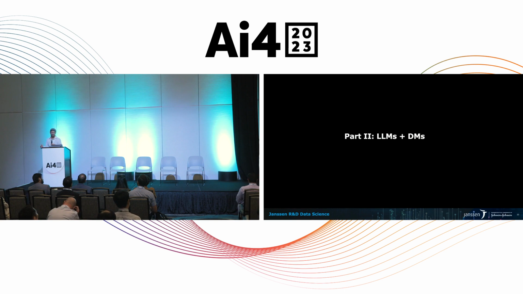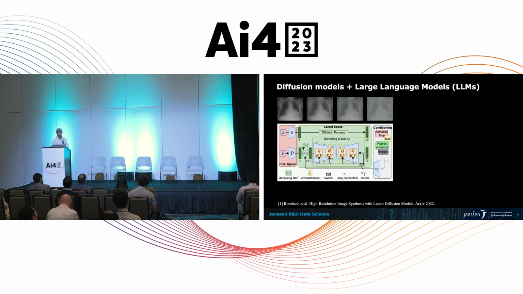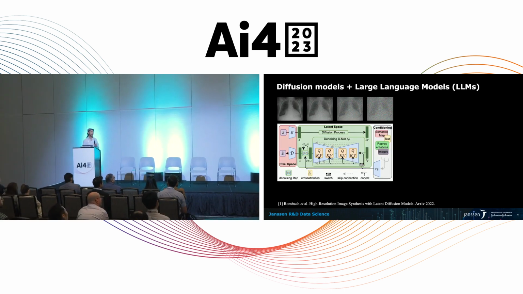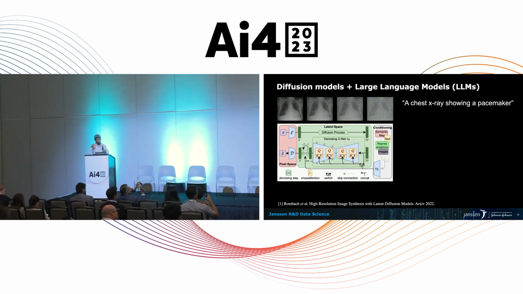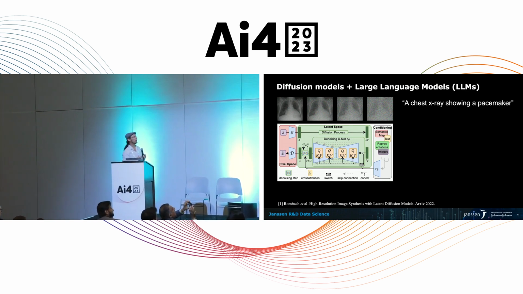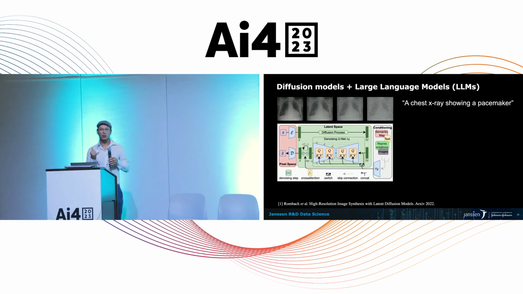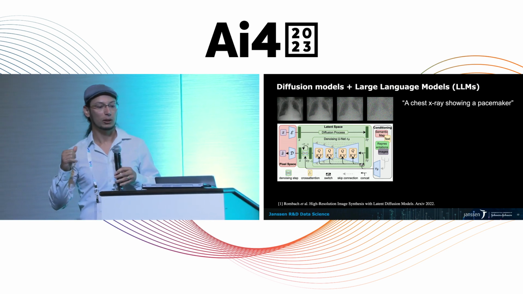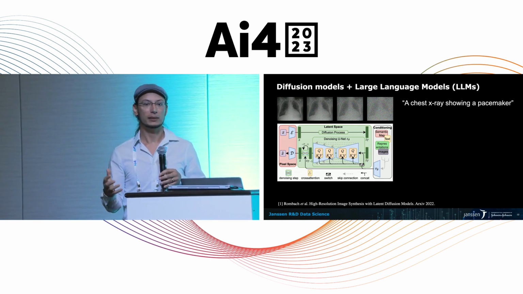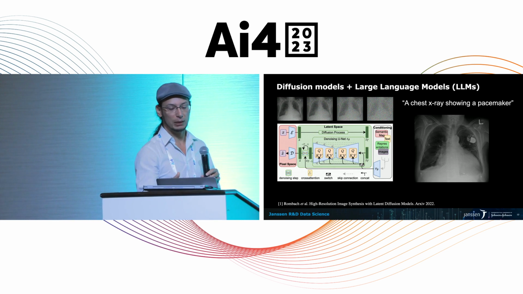And this is also something that came up really recently, basically last year, where what was done was to combine the power of large language models with the power of the diffusion models, so that now you could do something like create a chest X-ray showing a pacemaker. And because the large language model understands what you mean by X-ray, what you mean by pacemaker, it would generate this image in the shape that I was showing before.